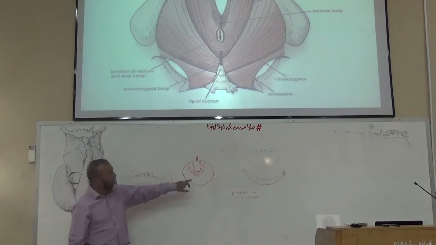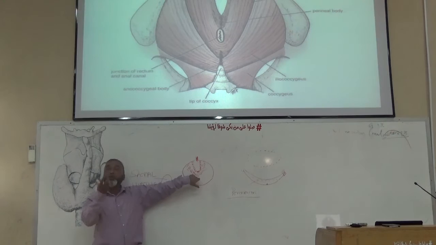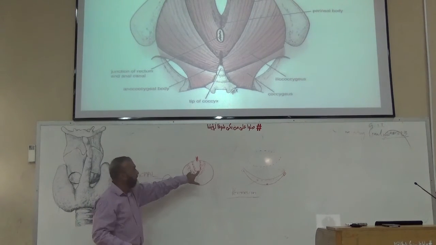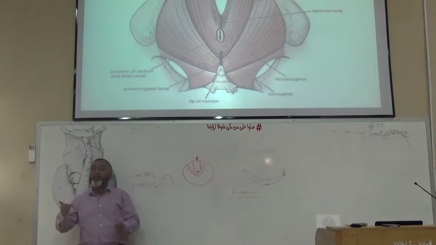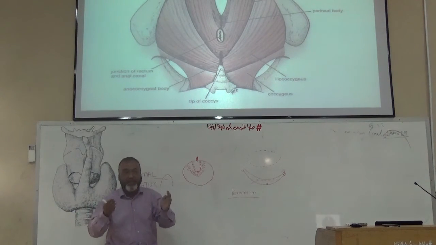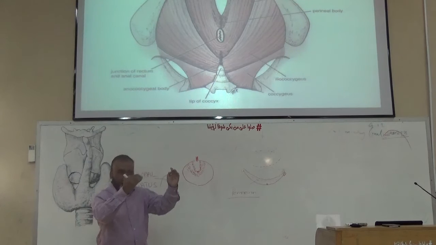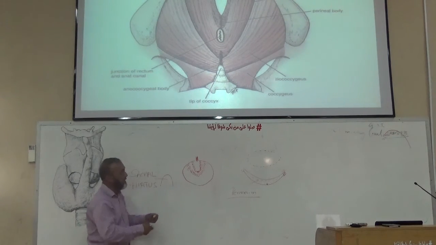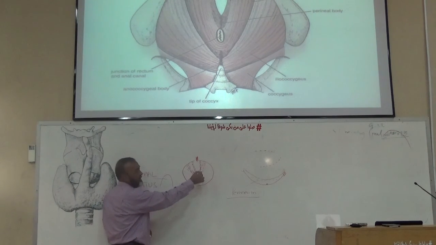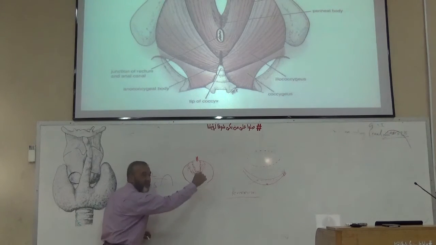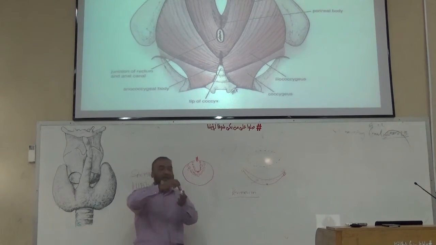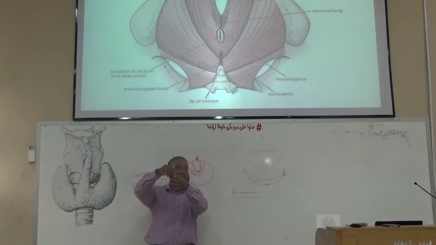So now in the middle we have the opening of the anal canal. This intermediate fiber is named the puborectalis. It comes from the inner aspect of the pubic bones, passes backward and surrounds the junction of the rectum with the anal canal like this.